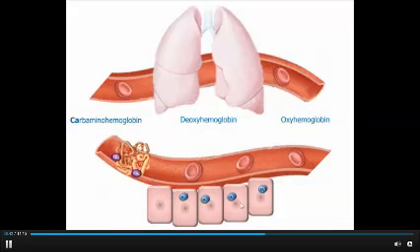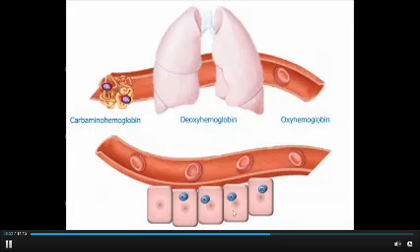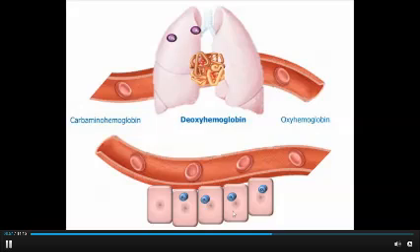Deoxyhemoglobin picks up some carbon dioxide, and now we call it carbaminohemoglobin. Carbaminohemoglobin is delivered back to the lungs, where carbon dioxide diffuses out, leaving deoxyhemoglobin molecule to bind with oxygen molecules. Does that kind of make sense?